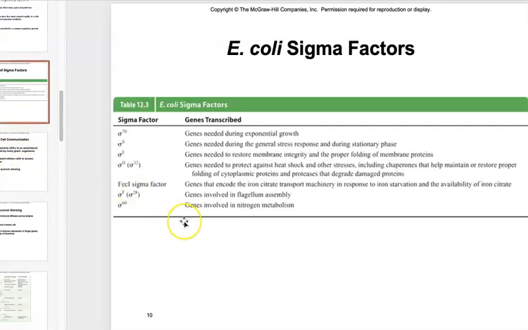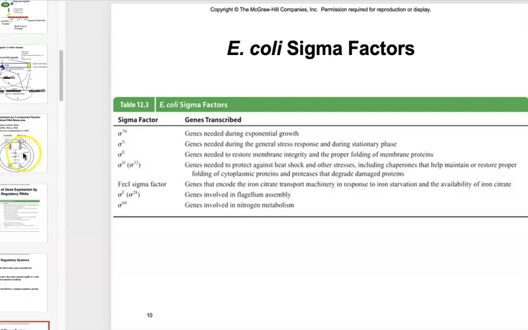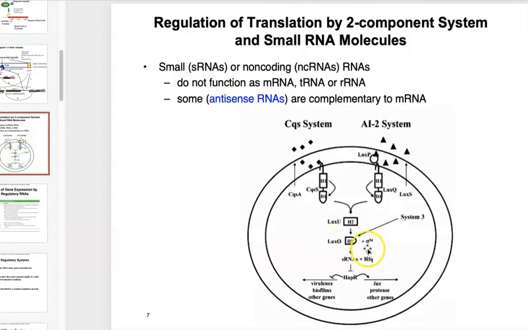So one of the components that I alluded to before was a sigma factor. Microbes use these to interact with RNA polymerases. And so they have different kinds of sigma factors that can bind to RNA polymerase and then drag the RNA polymerase to certain kinds of promoters, depending on what's necessary. So one that I briefly mentioned here was sigma 54 that interacts with LuxO.